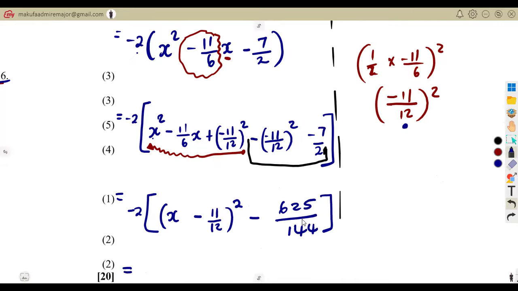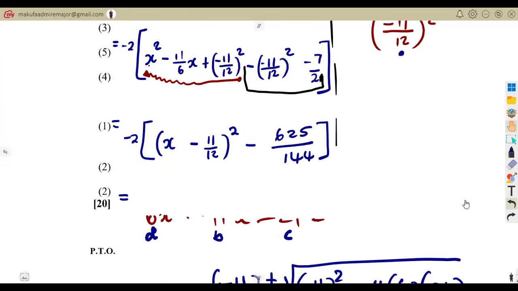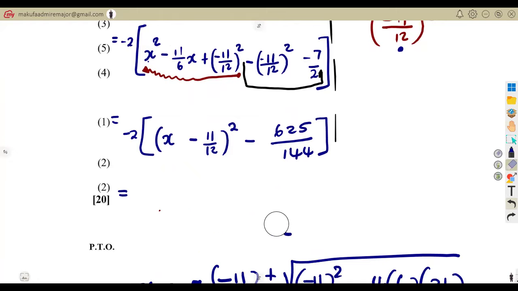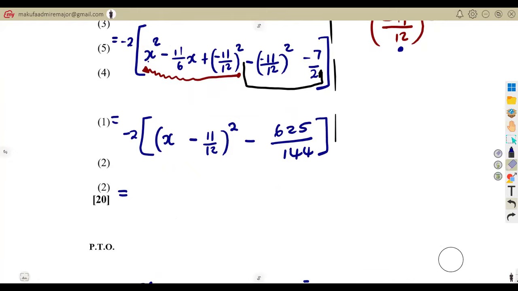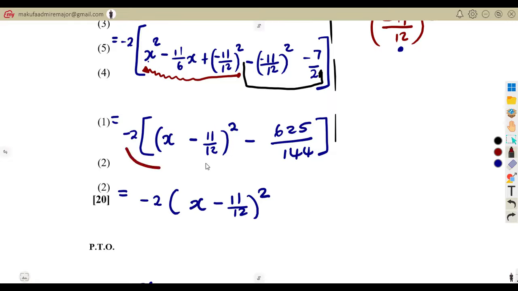All right, let's expand by -2. So it'll be -2 into the bracket of x minus 11/12 squared. We cannot multiply it inside because of this square that we see here. So it's going to give us a positive 625/72.